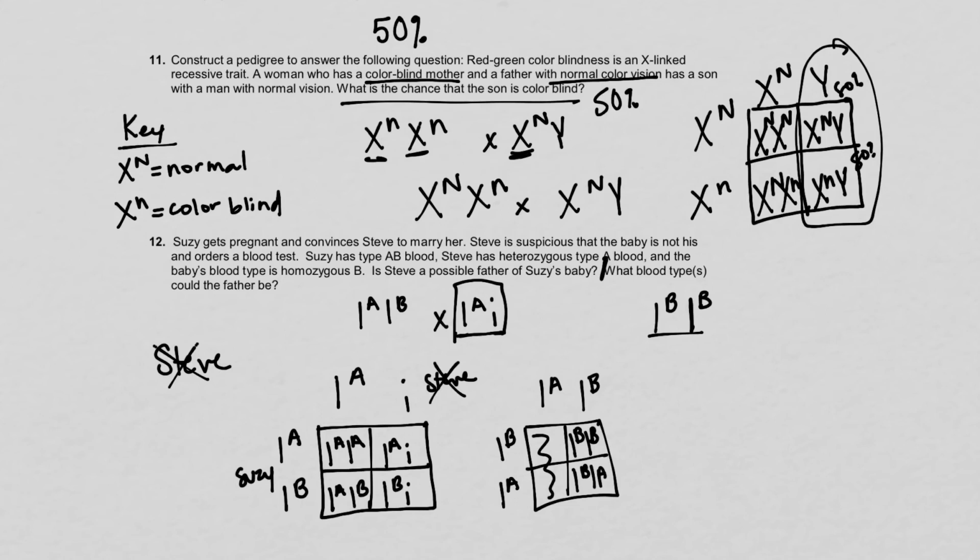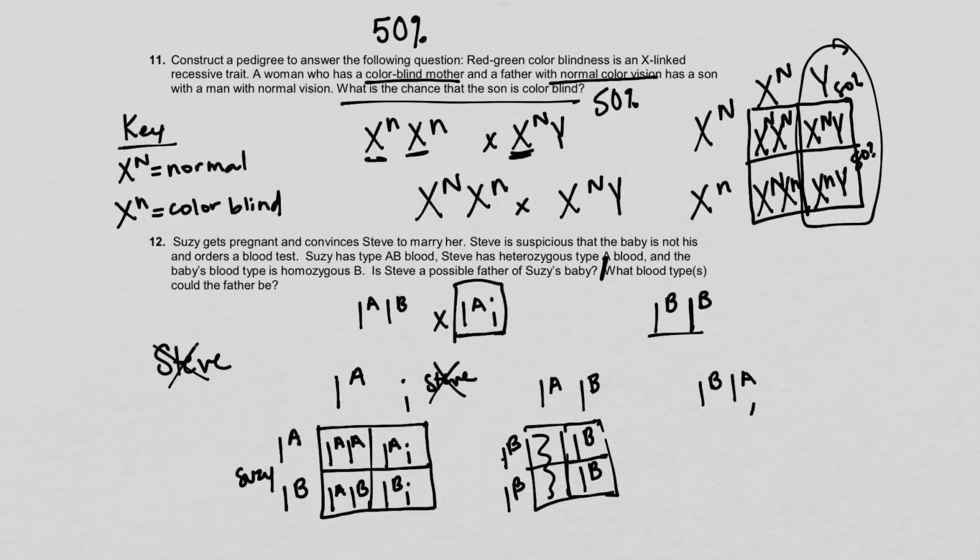So one possibility is... all right, let's look for another possibility. Of course, this could be a possibility because then you're going to increase the chances.